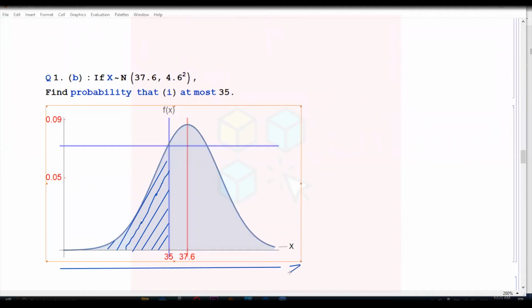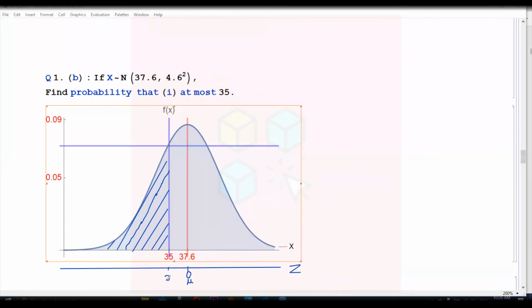Then you have to find the corresponding value against the 35 on the z scale. In the center, z should be 0. We know that in the middle of the z, corresponding to the mu of the x, there should be 0 in the standard normal distribution. So this is our mu. And the corresponding value against 35 is unknown.